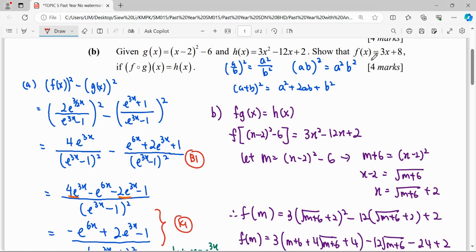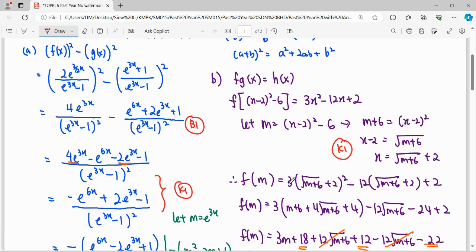Then we see what is important here for these 4 marks. Firstly, we need to see the concept where you change this in terms of m, or change it into another variable. So let m replace x, changing it into another variable. This is the concept so that you can change f of something to f(x).